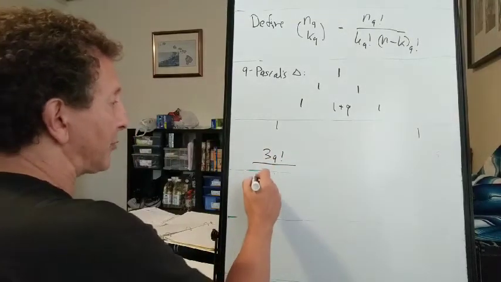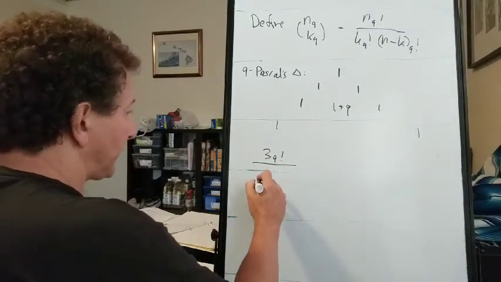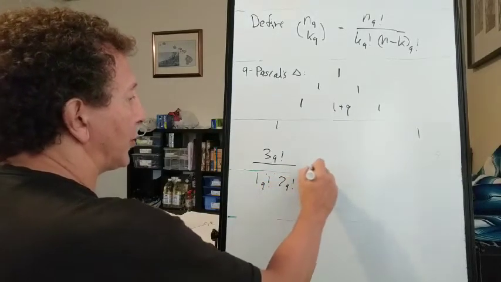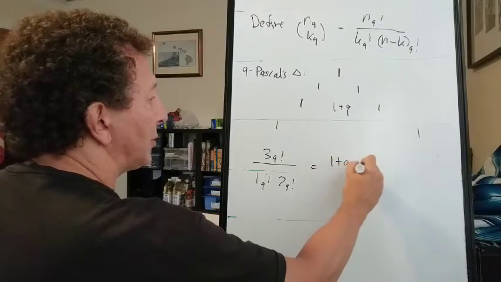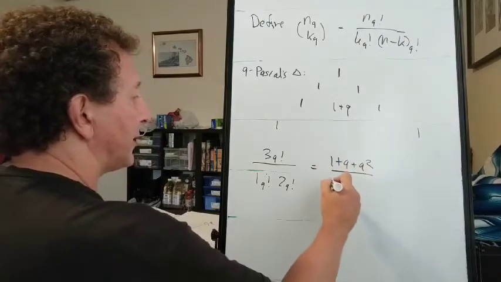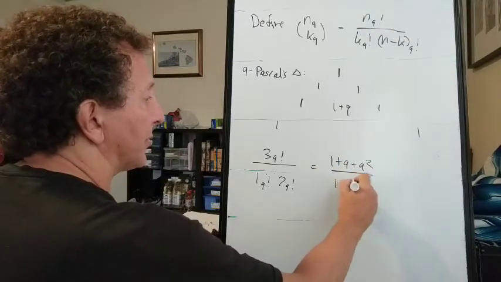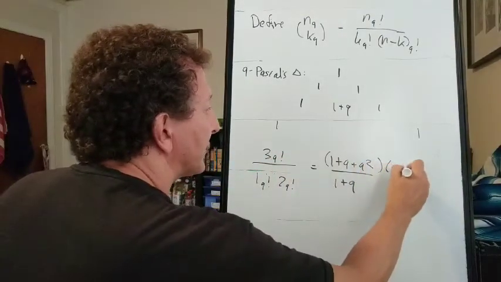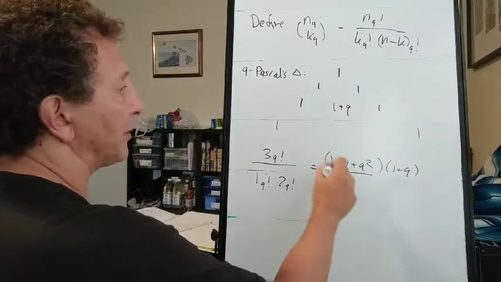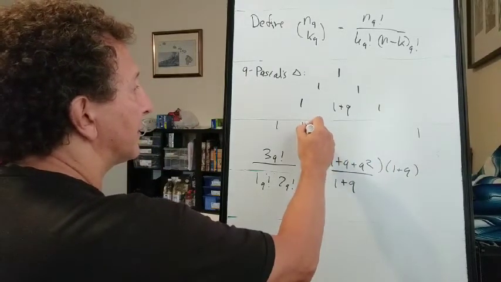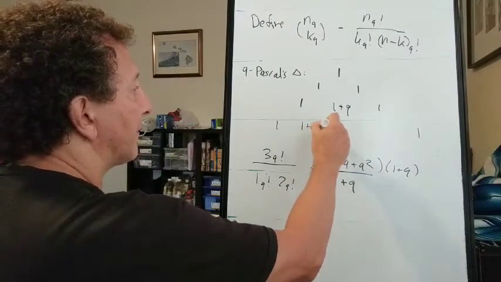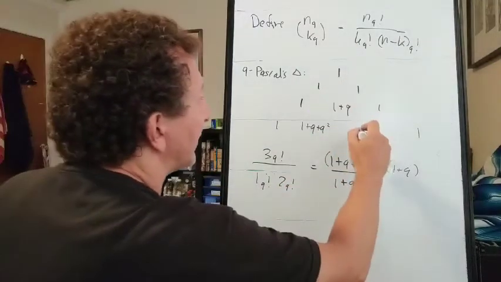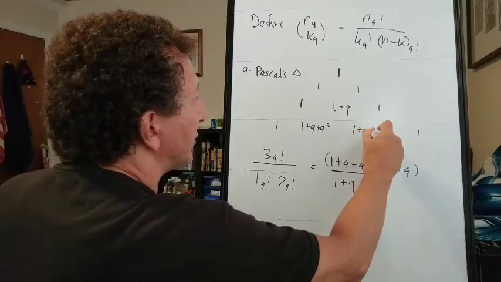So quantum 3 factorial over quantum 1 factorial. Quantum 2 factorial is 1 plus q squared divided by 1 plus q. Oops. Times 1 plus q divided by 1 plus q. So that's just 1 plus q squared. And by symmetry here we've got 1 plus q squared again.